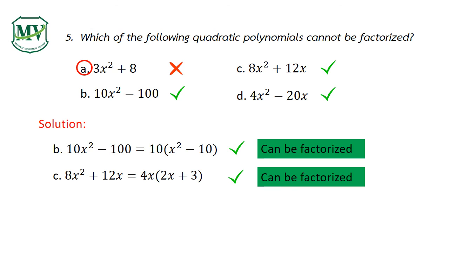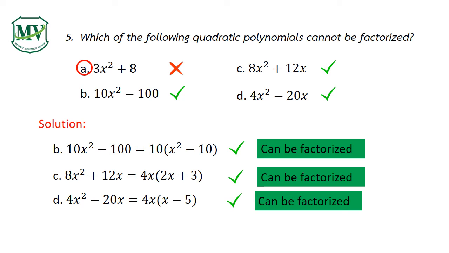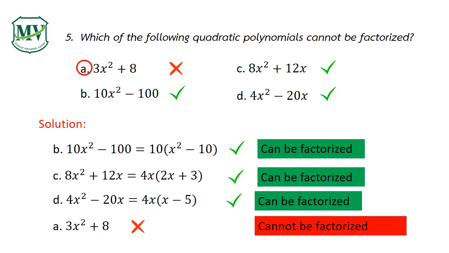So it can be factorized. Letter D, 4x squared minus 20x, can be factorized to 4x times the quantity of x minus 5. So it can be factorized. Letter A, 3x squared plus 8, cannot be factorized. So the answer is letter A.